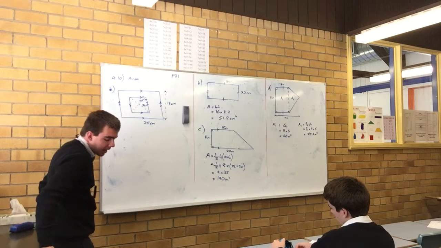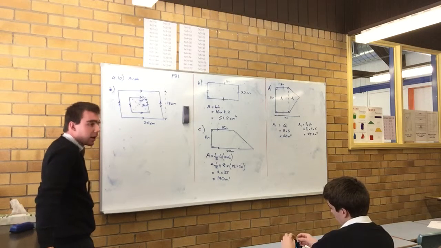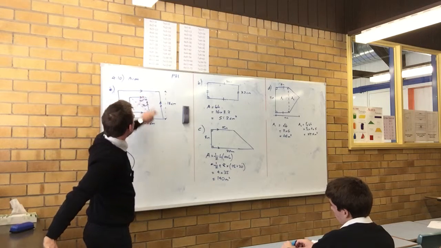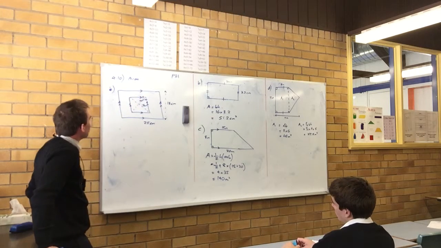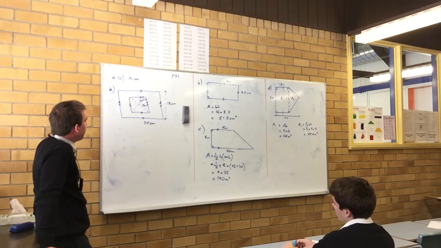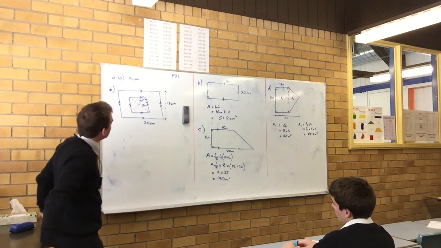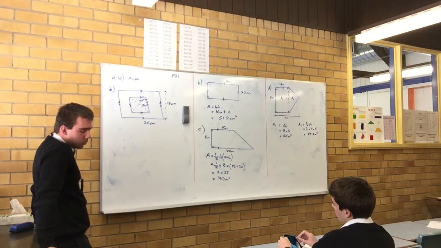Okay, so the area of a rhombus and the area of a kite are the same formula. Because you've got adjacent sides here and you've got the diagonals given, that's going to be a kite. It's only when all sides are equal and the diagonals bisect at 90 degrees that you have a rhombus.